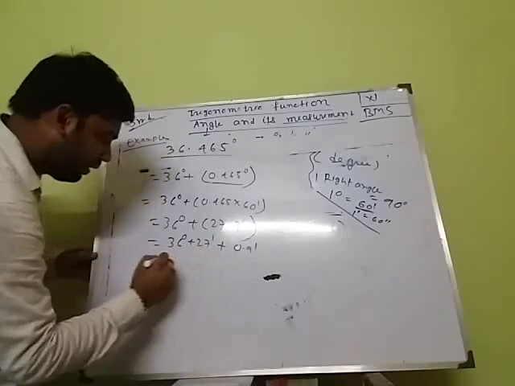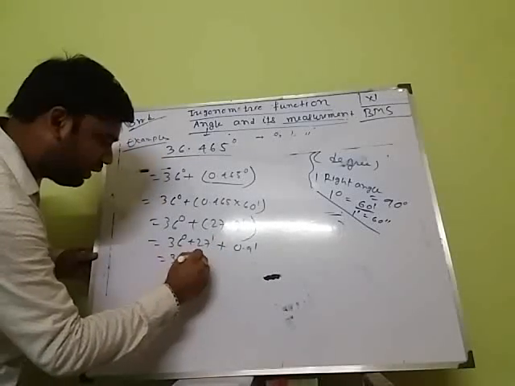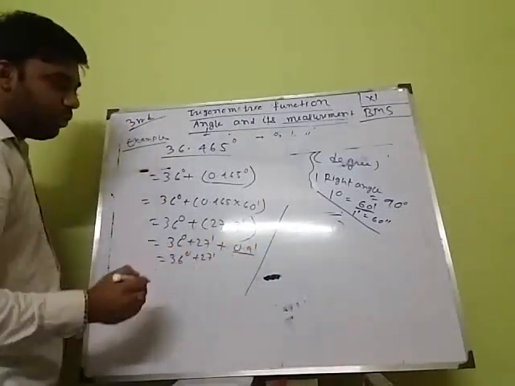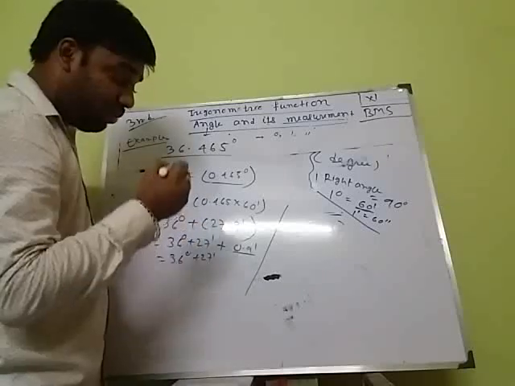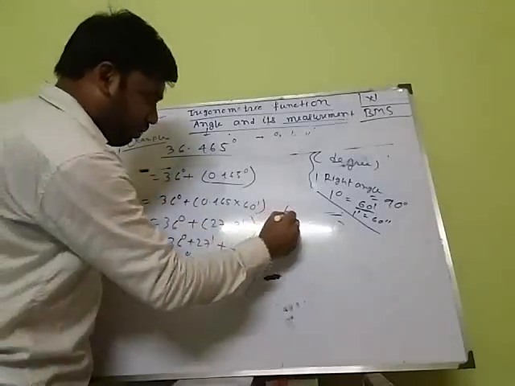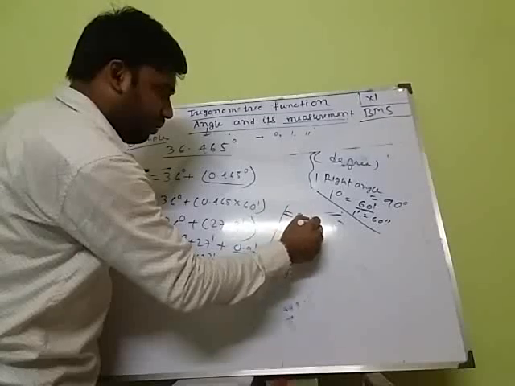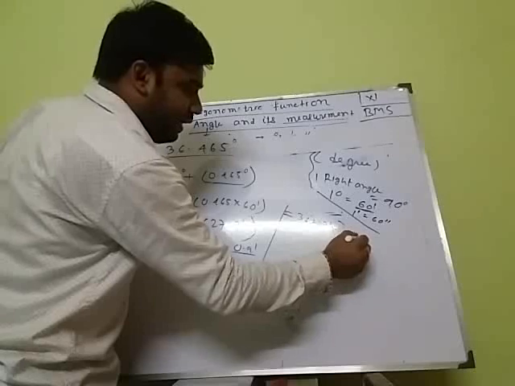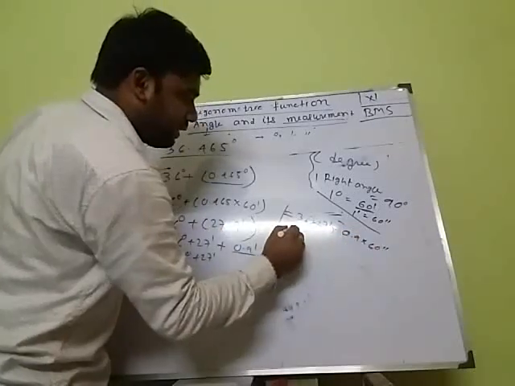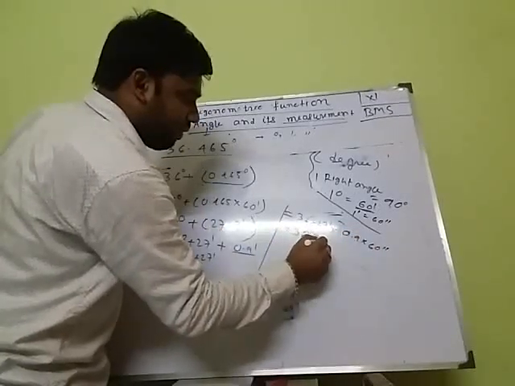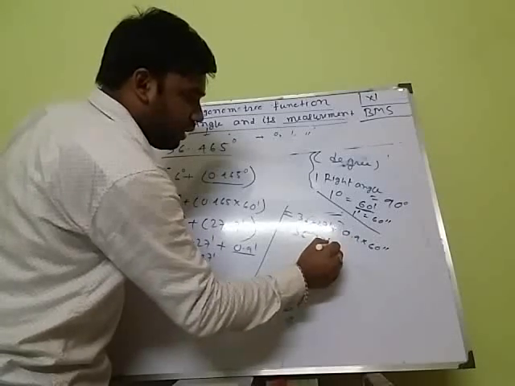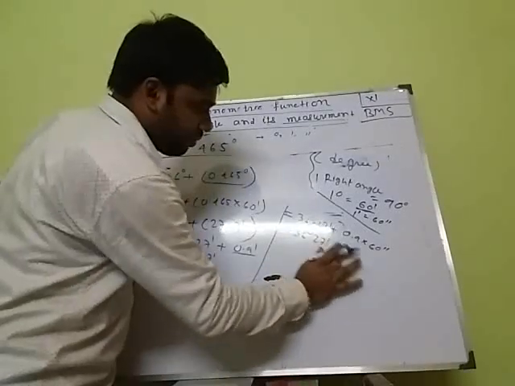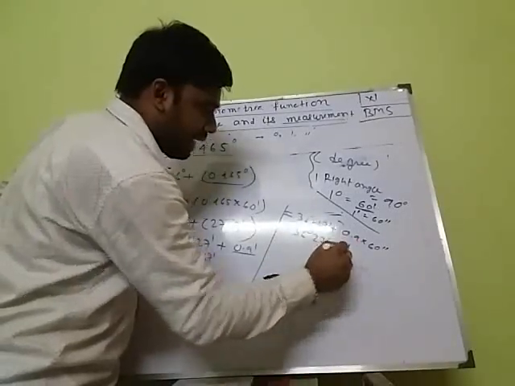Now 36 degrees plus 27 minutes plus 0.9 minute. That 0.9 is already less than 1 minute. Now we multiply it by 60 seconds. So 0.9 times 60 seconds is 54 seconds.